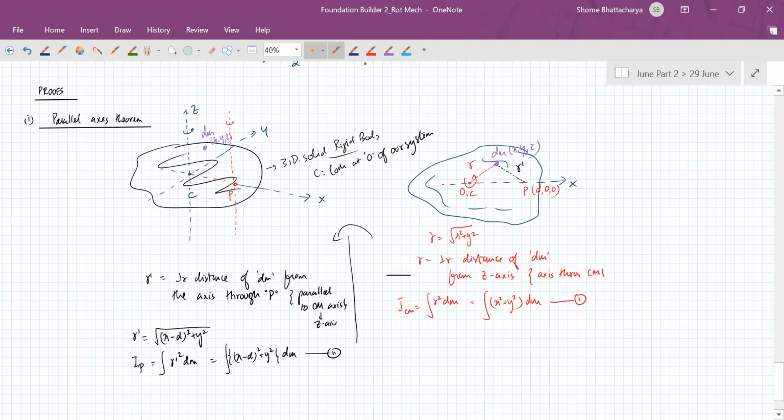So we have selected our origin at the center of mass, and we have selected the X-axis such that it lies on the perpendicular from the center of mass to the axis through the point P. Ultimately, the perpendicular distance between these two axes is only D. This distance over here is D.